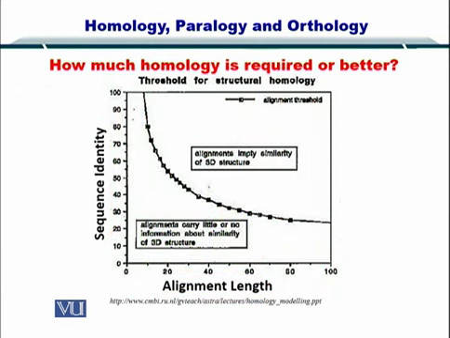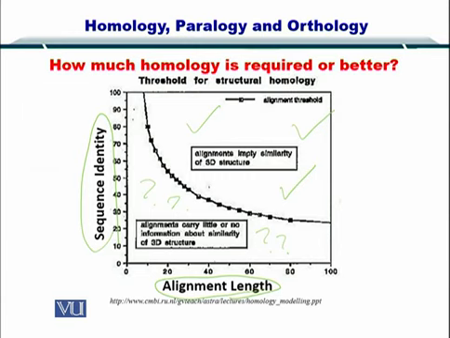So essentially, before you proceed with homology modeling, you look at the alignment length and the sequence identity, and if they are high enough, then you go for homology modeling. But if they are low, then we will have to employ some other strategy such as ab initio modeling or fold recognition, which is also called threading.